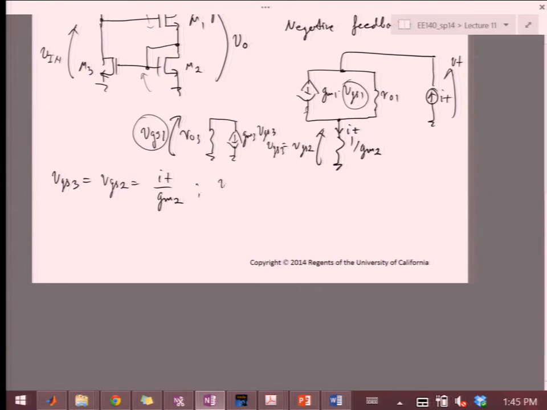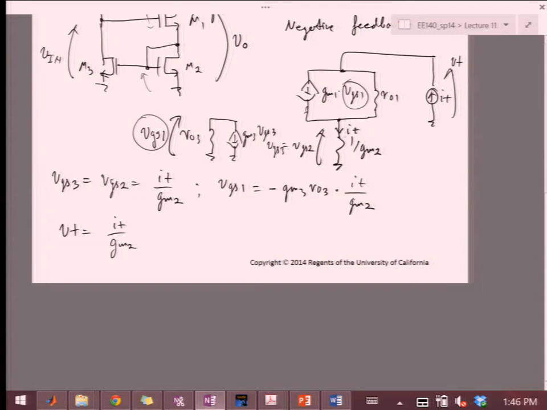So we have also that VGS1 is minus GM3 RO3 times VGS3, which is IT over GM2. And then we can write up for VT. So VT is this IT over GM2.